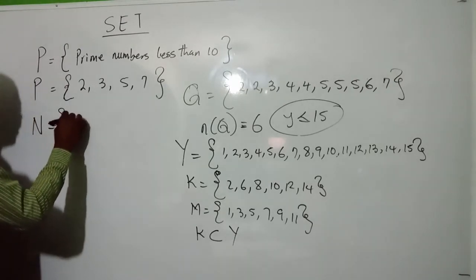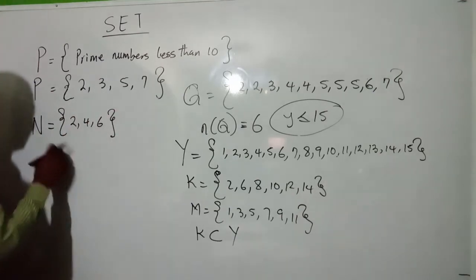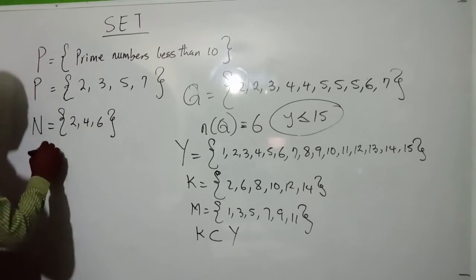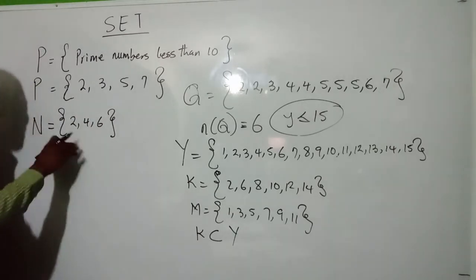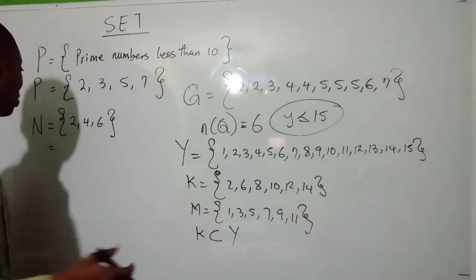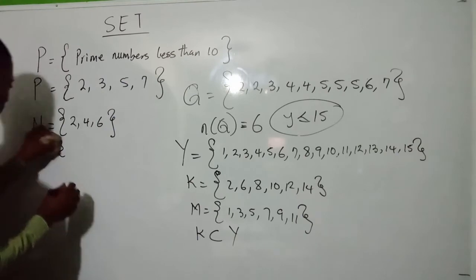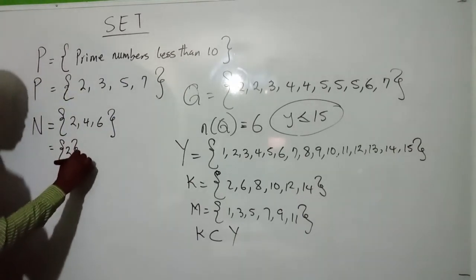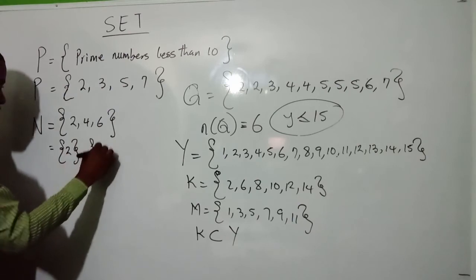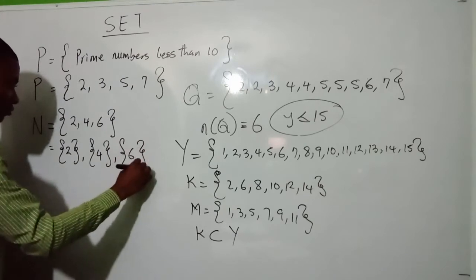So even numbers less than 10, we have 2, 4, 6. Now, if you are asked to list out all the subsets of set N, how do we do that? We have 2, 4, 6.